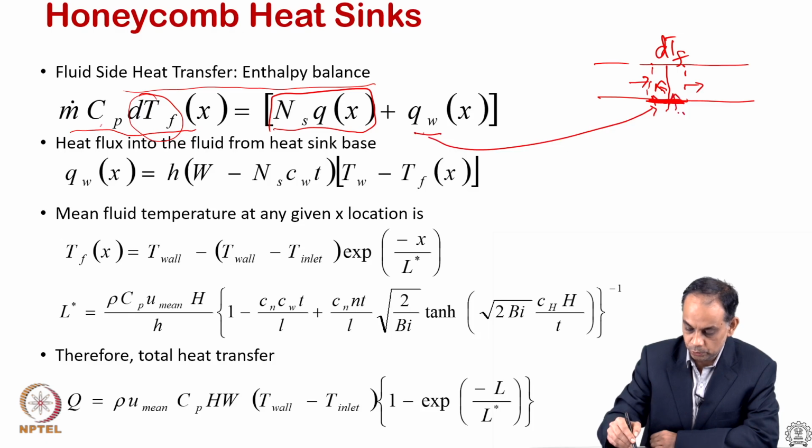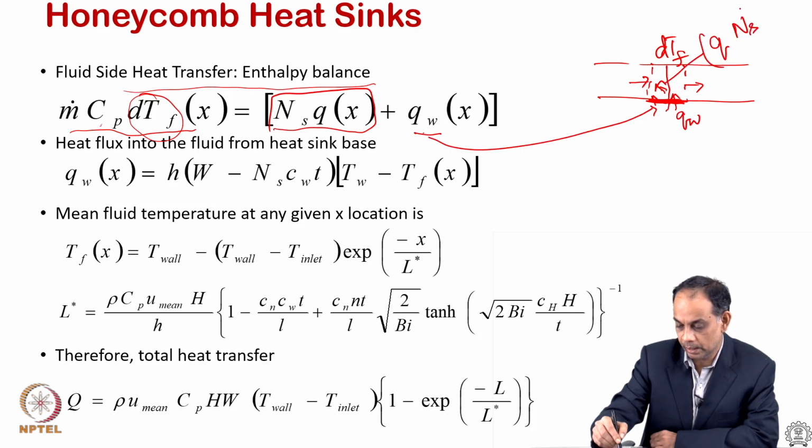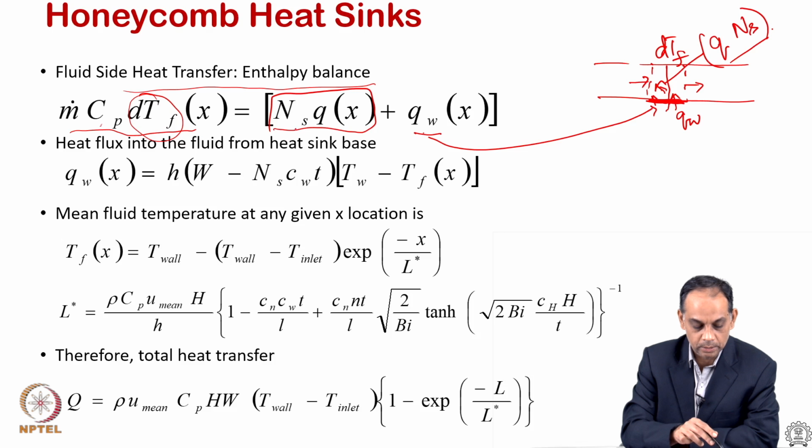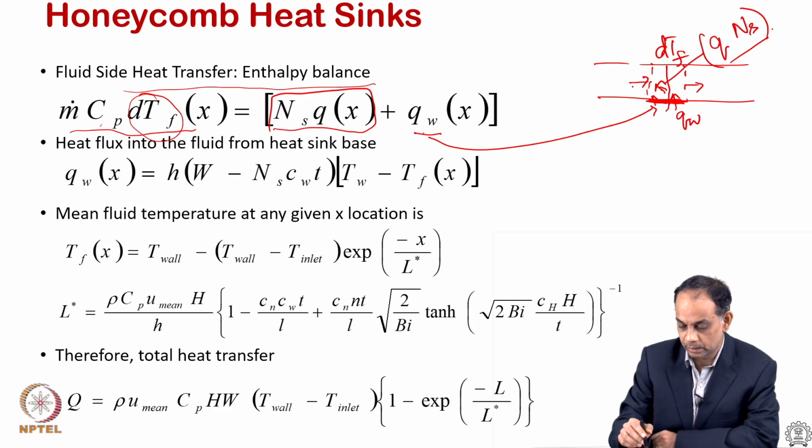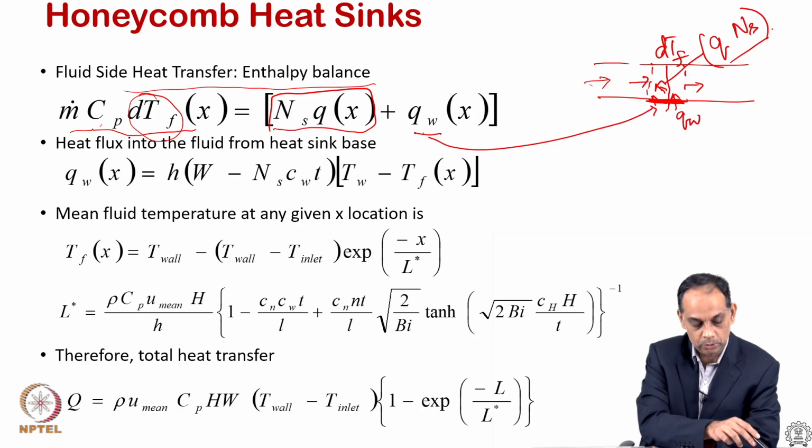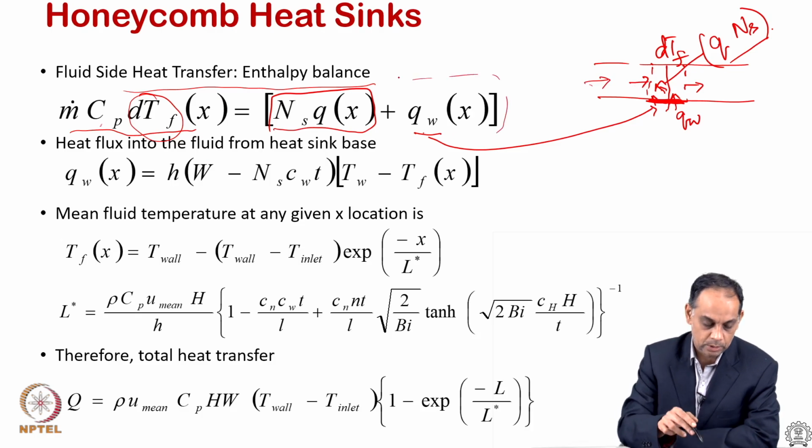This we call Q wall, versus this being the Q of a single fin multiplied by the number of fins Ns in the unit cell. Then we get the total heat transfer from the fin and the wall. So that is balanced by the temperature rise in the fluid stream. That is what is acknowledged in this equation.